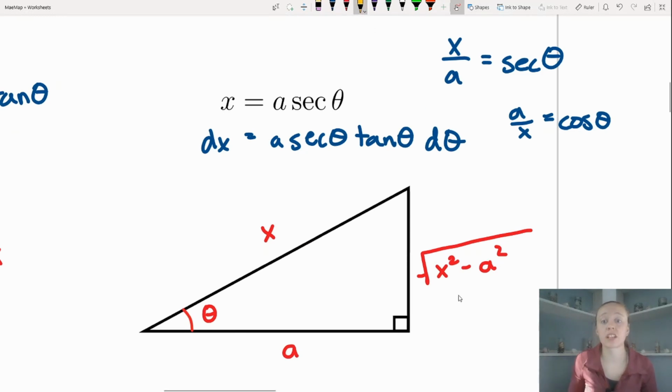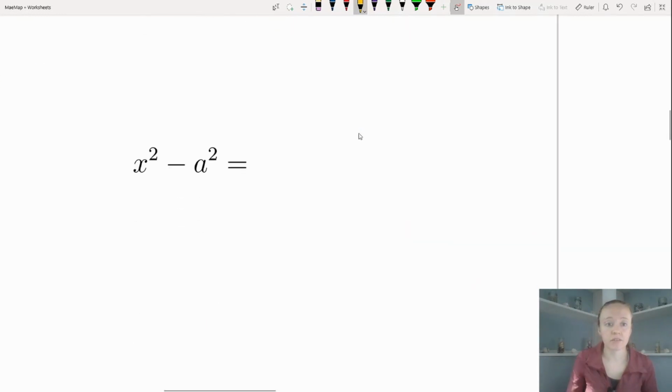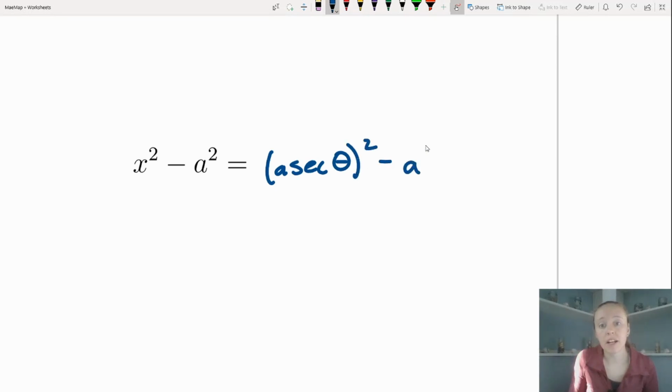So when we have x squared minus a squared, we use the relationship that x is equal to a secant of theta. Scrolling down, if x equals a secant of theta, that means that a secant of theta squared minus a squared is equal to x squared minus a squared. Again, bringing that exponent in, we get a squared secant of theta, that quantity squared, minus a squared.